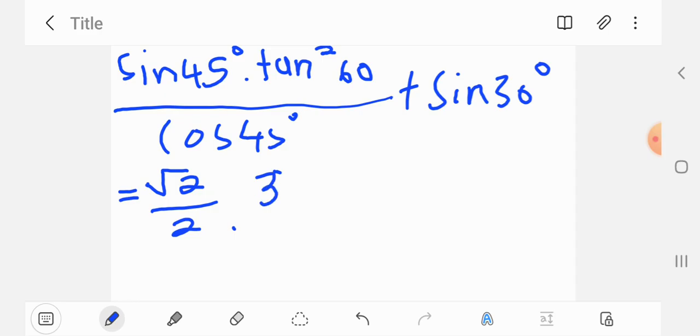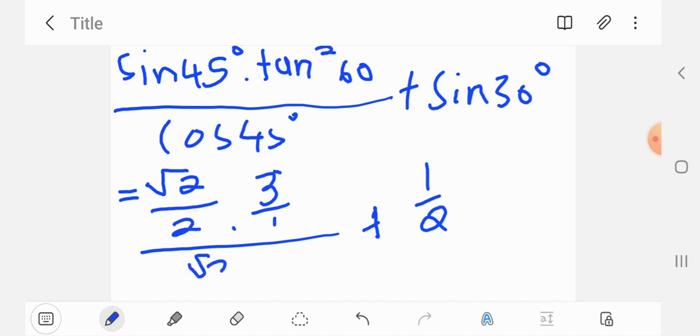We just do it over 1 because the other one is 2 over 2. And then when you punch in sine 30, that gives you 1 over 2. And when you punch in cos 45, that will also give you root 2 over 2. So punch this whole thing into the calculator, and the final answer will be 1 over 2.